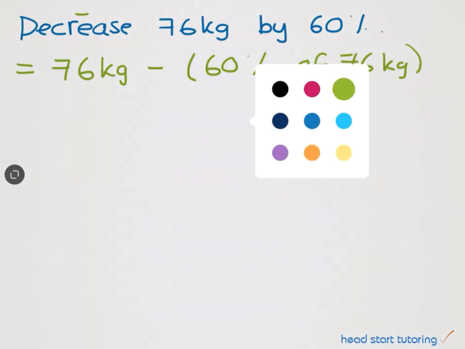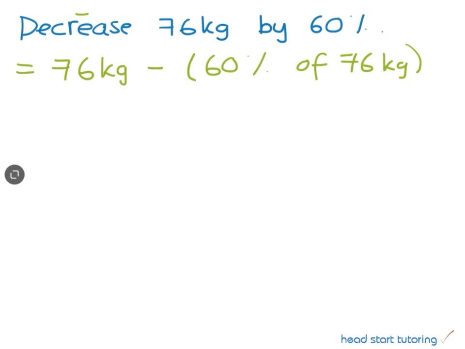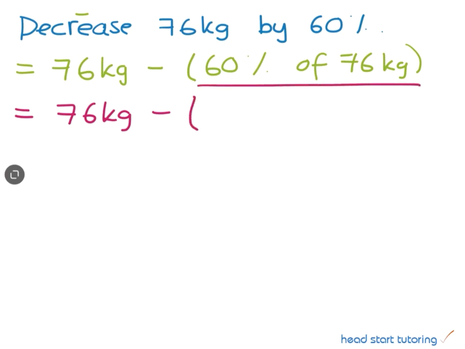Right, so we know that we are going to be working with our brackets first. We do need to keep bringing down our 76 kgs so we don't forget to minus this number from 76 at the end. And we work out that 60% is equal to 3/5 as a simplified fraction. And then we multiply that by 76 over 1.